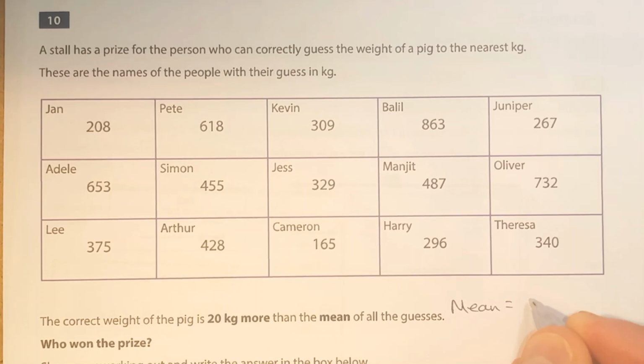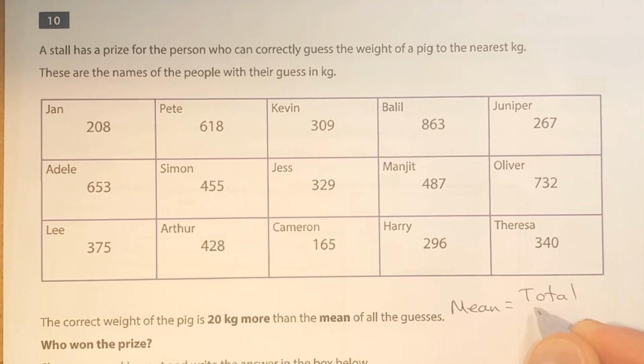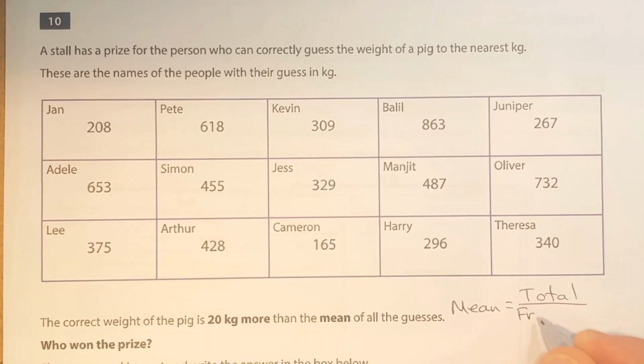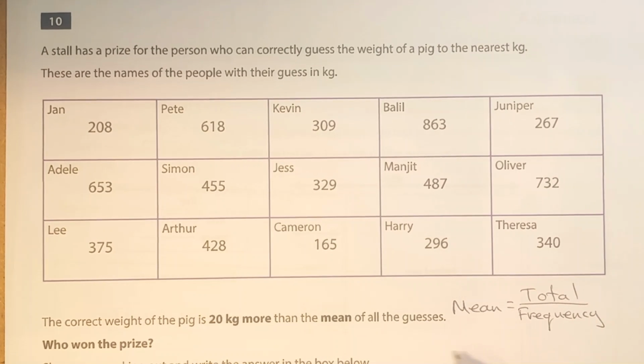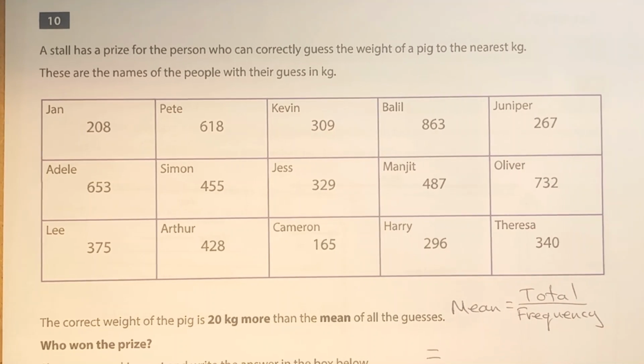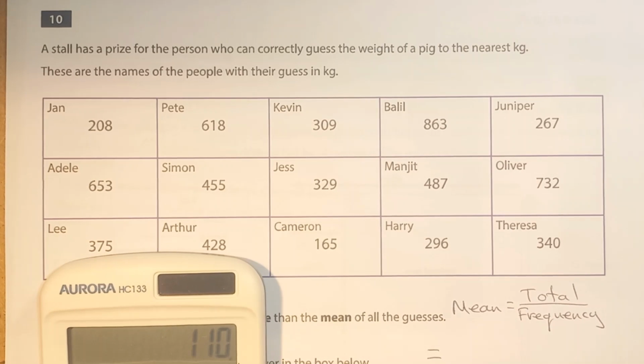So the mean is the total divided by how many, which is another way of saying the frequency. So let's add these all up then.